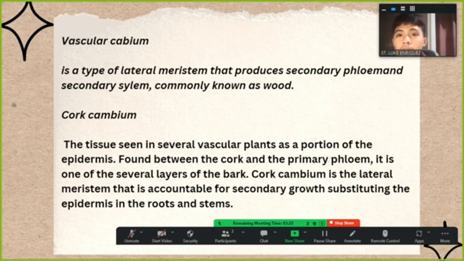Cork cambium is the tissue seen in several vascular plants as a portion of the epidermis, found between the cork and the primary phloem. It is one of the several layers of the bark. Cork cambium is the lateral meristem that is accountable for secondary growth, substituting the epidermis in the roots and stems.